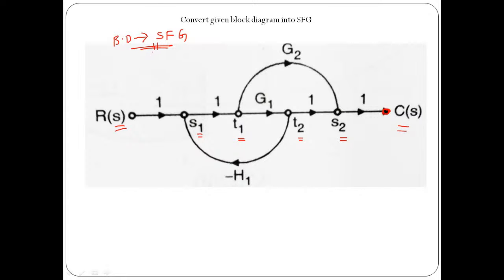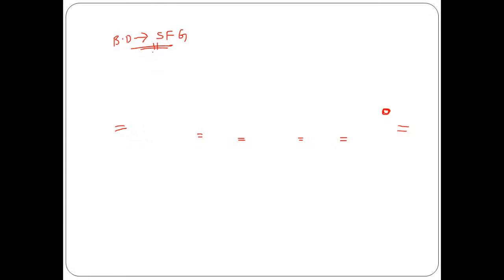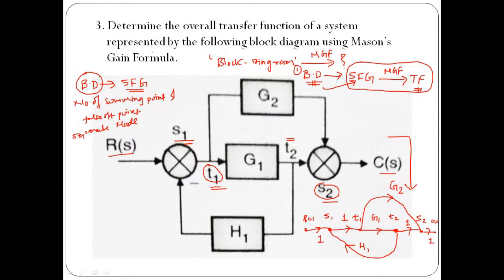So I want everybody to please draw this. First you have to draw this. This is the given numerical in which the system is represented in the form of a block diagram, and then we apply that logic: represent each summing point and each takeoff point by a separate node, followed by the reference input by a node and the control output by a node, and convert it from block diagram to signal flow graph.